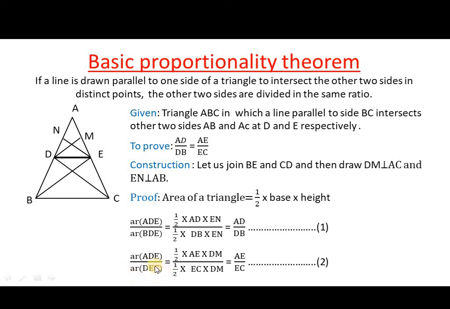And in the triangle DEC, the base is EC and the height is DM. So we cancel half and half, DM and DM. Now the remaining sides are AE divided by EC. So we got two equations, equation 1 and equation 2.